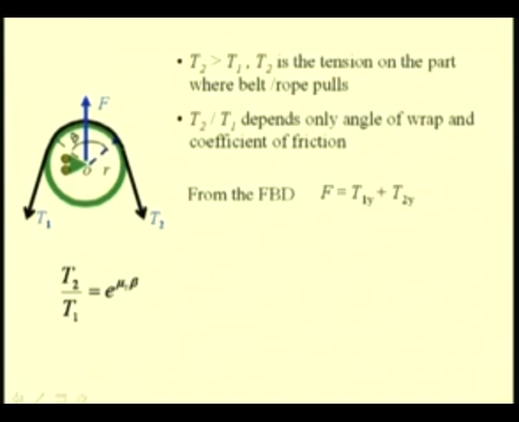So, the sum of these two components of the tension cannot be greater than the available reaction at O.